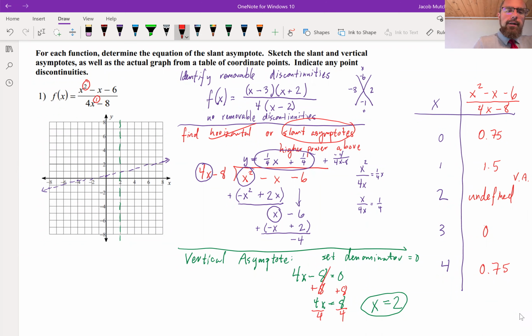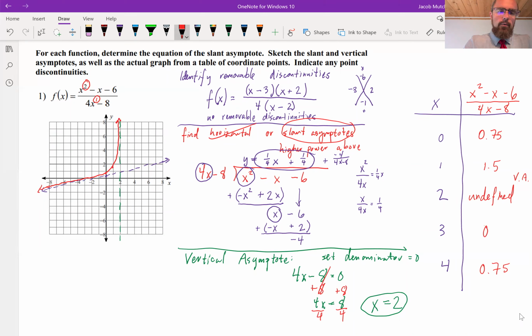So at 0, it's going to be above that slant asymptote at 0.75. And then at 1, still above at 1.5. So that gives me information that says this left-hand piece of the rational function is above the slant asymptote to the left of the vertical asymptote. We'll also graph the right-hand piece of the rational function.